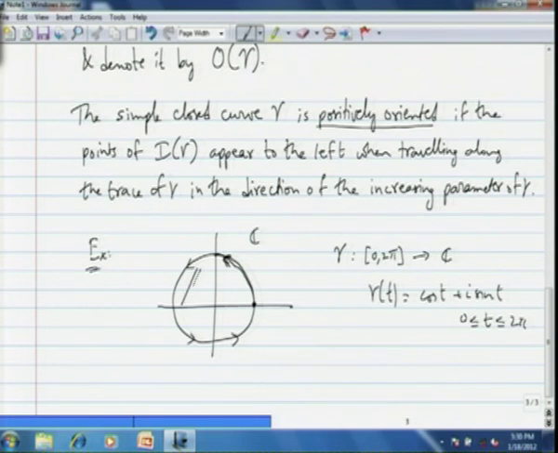And then this region, the unit disk D equals the set of all z such that the modulus of z is strictly less than 1, becomes the inside of this gamma.